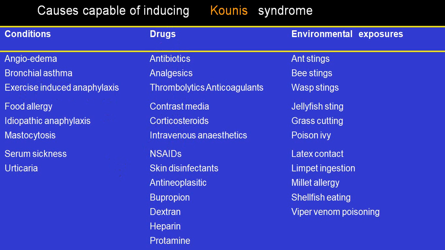There is a big list. And environmental factors like ant sting, bee sting, wasp sting, jellyfish, grass cutting, poison ivy, latex, shellfish, viper venom poisoning. This is a big list. Still there are many which we have not mentioned here.